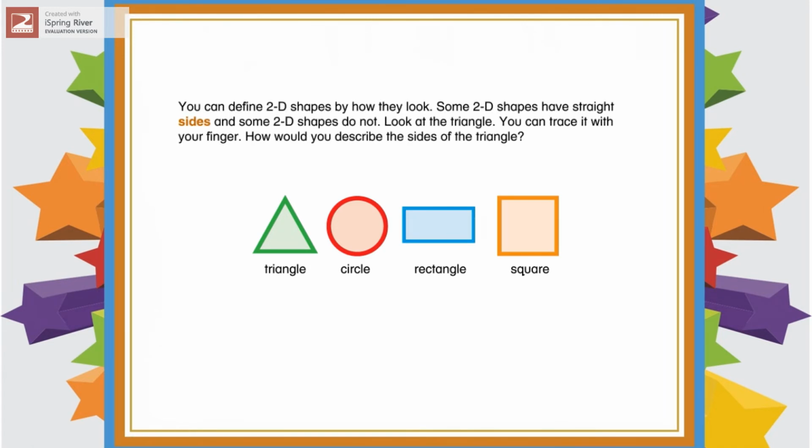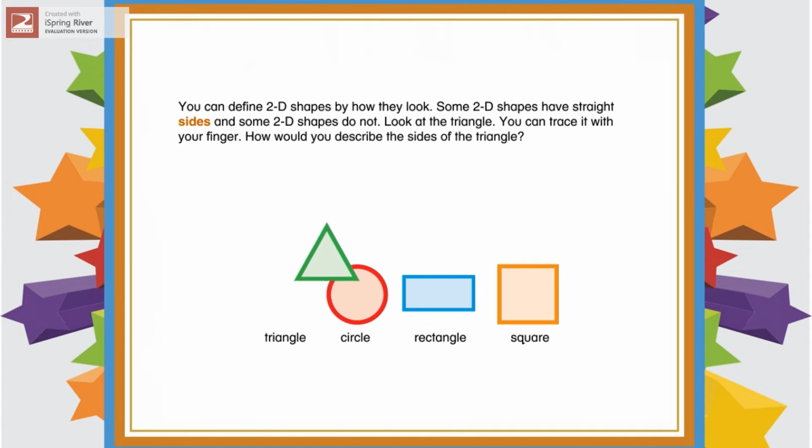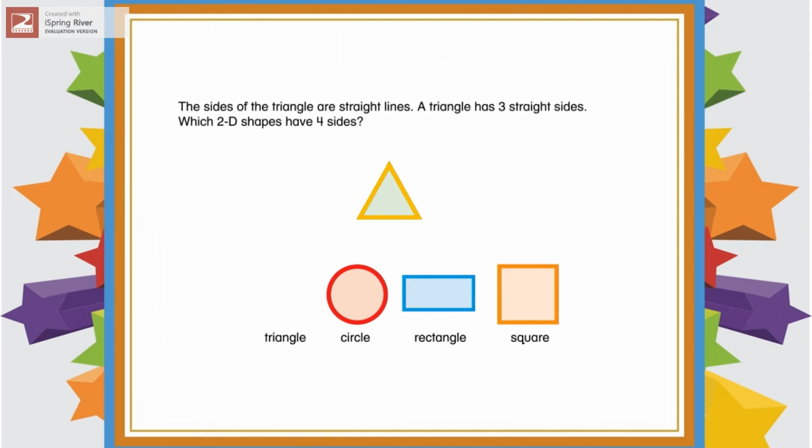You can define 2D shapes by how they look. Some 2D shapes have straight sides, and some 2D shapes do not. Look at the triangle. You can trace it with your finger. How would you describe the sides of the triangle? The sides of the triangle are straight lines.